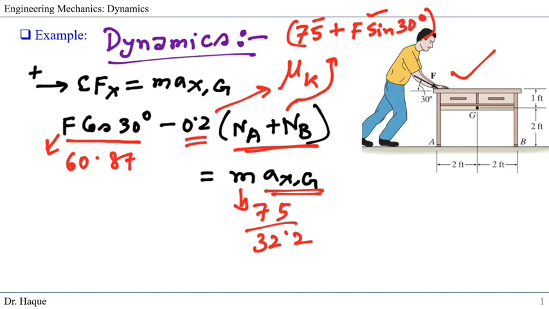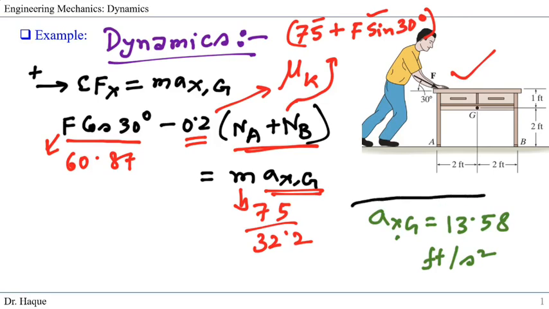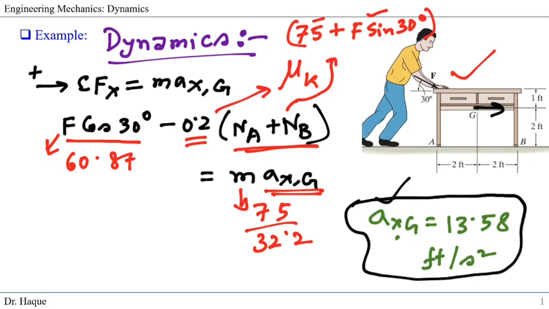So the only unknown will be a_x in this equation. If we solve for that, we will get 13.58 feet per second squared. This is the acceleration along the x direction, since we don't have acceleration in the y direction of point Z, so that will be 0.